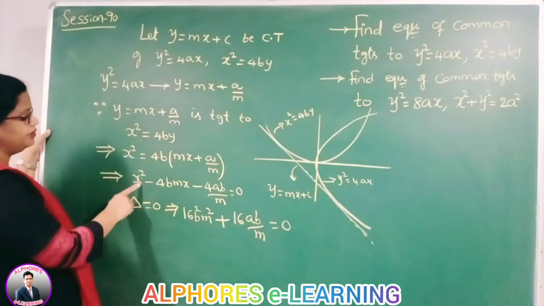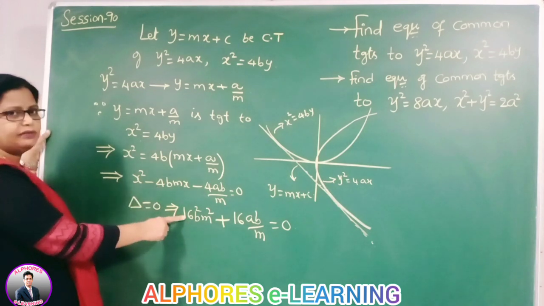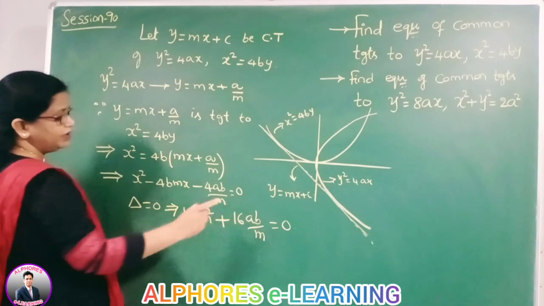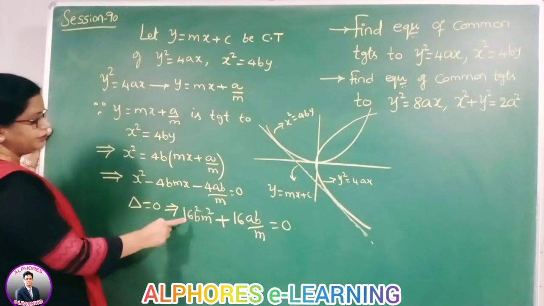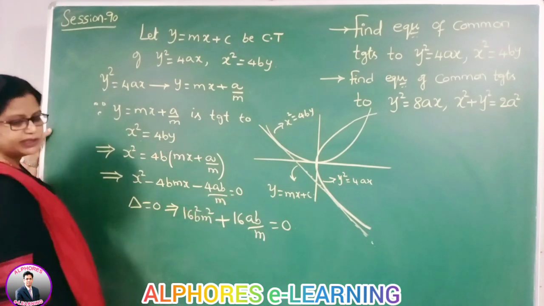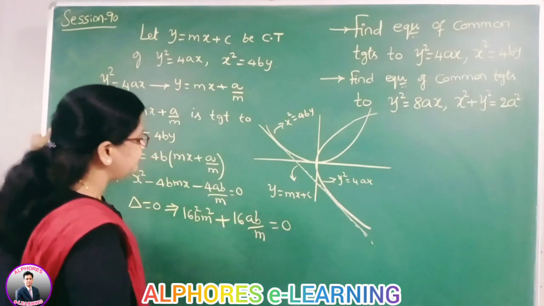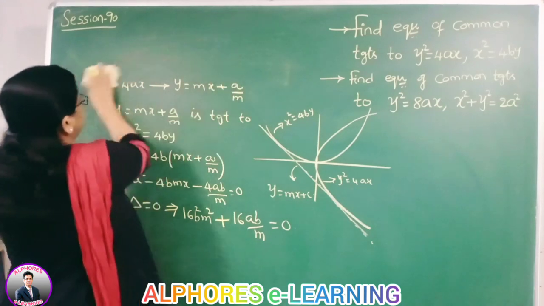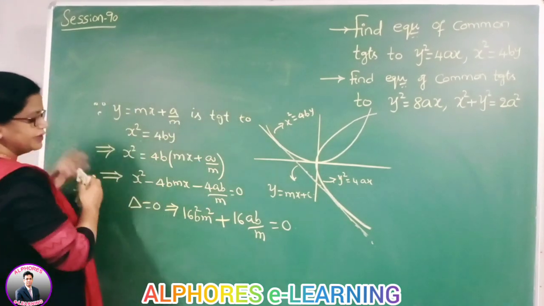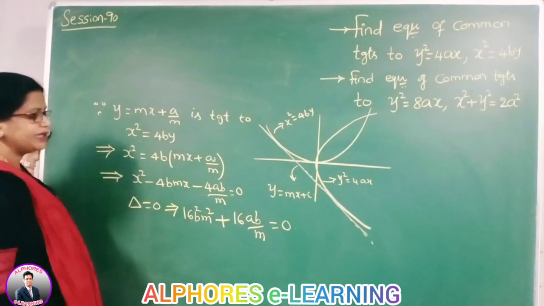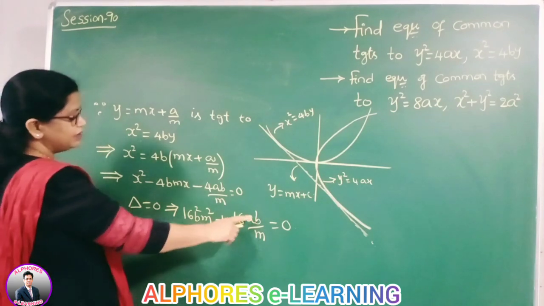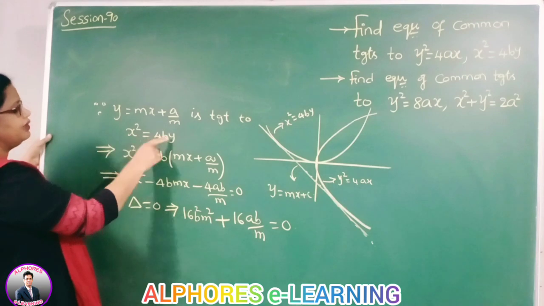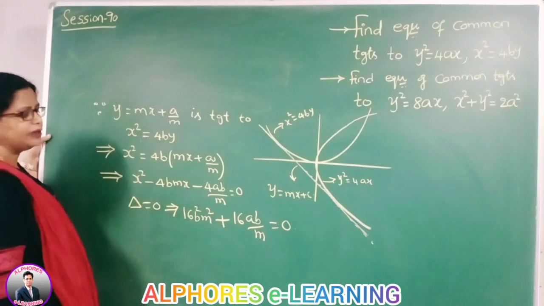So we got 16b square m square plus 16ab divided by m is 0. Therefore we can cancel 16, and simplify to obtain the slope values. First I am cancelling 16, and b also, since b cannot be 0. If b is 0, x square is 0, which is not a parabola.